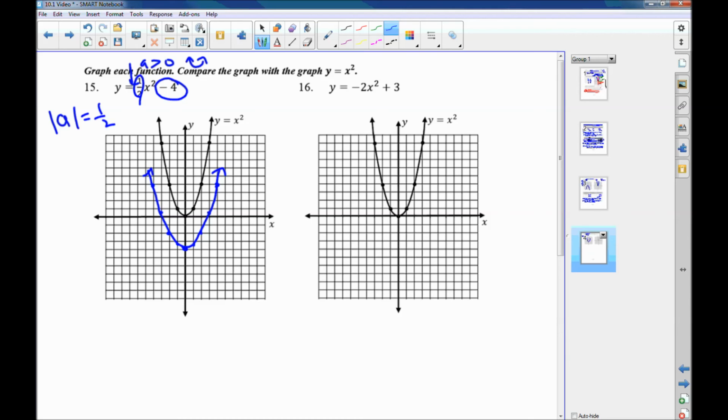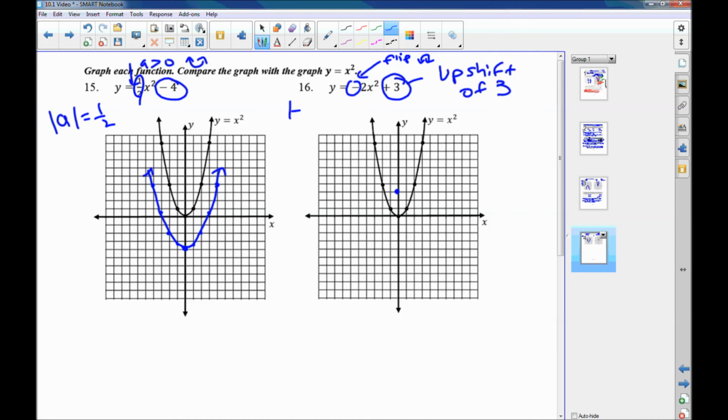And then in our last one, y equals negative 2x squared plus 3. This part right here is going to do an upshift of 3, so 1, 2, 3. The negative is going to flip the graph and make it a frowny face.